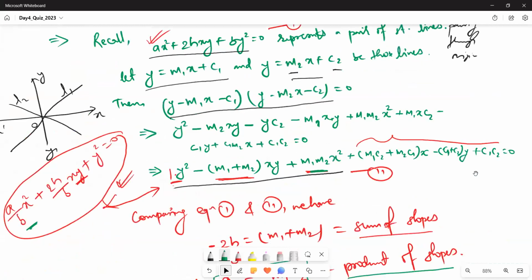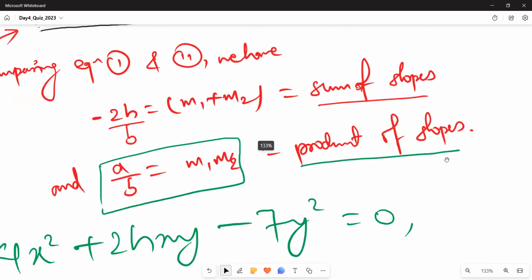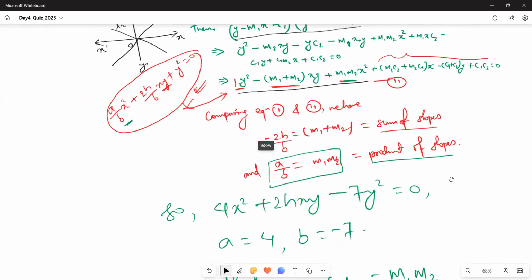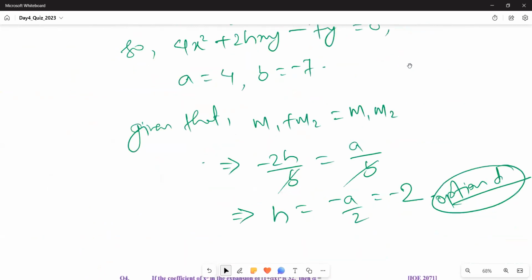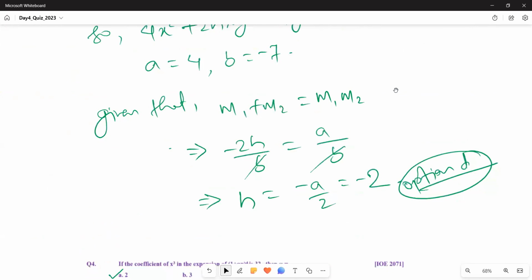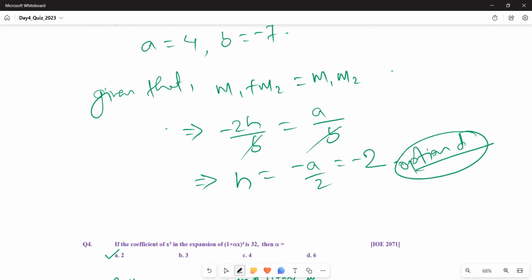So we'll have to use this clue from the question and then proceed. From the question we are given that the sum of the slopes is equal to the product of the slopes. So it is given that m1 plus m2 is equal to m1 times m2.